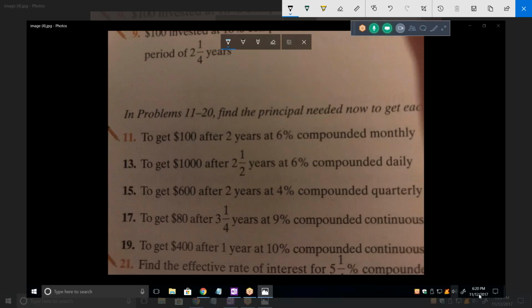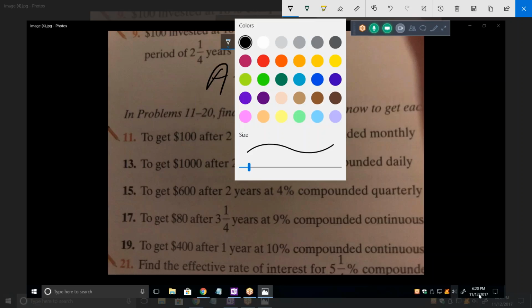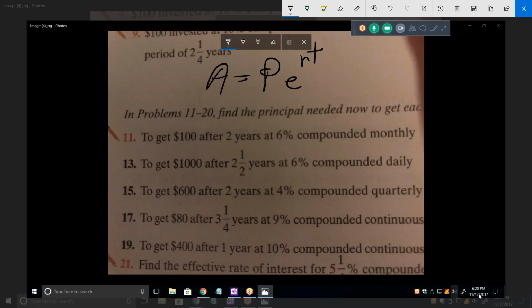How long would it take $100 to grow to $500 at 6% interest continuous compounding? So here's the general formula. Whoops. So my question was, how long would it take $100 to turn into $500 at 6%?